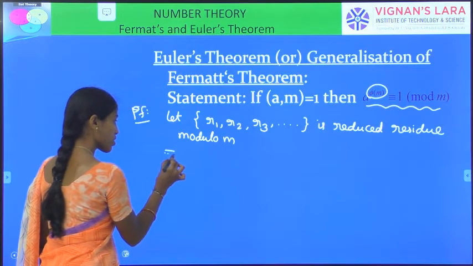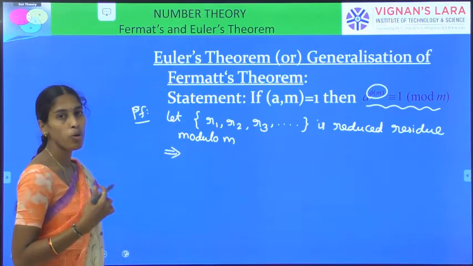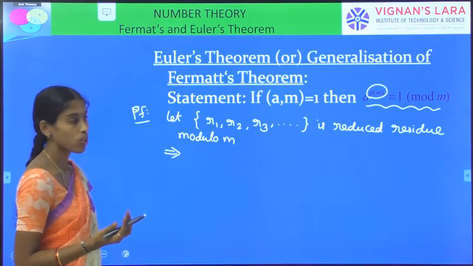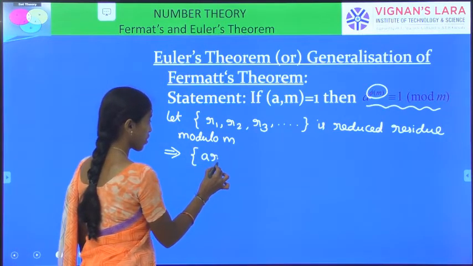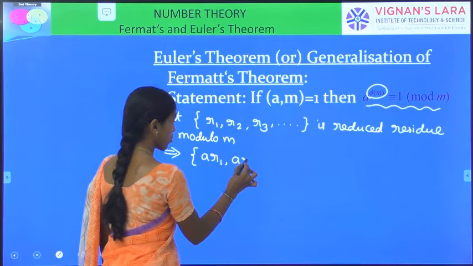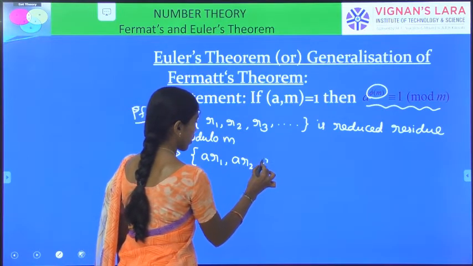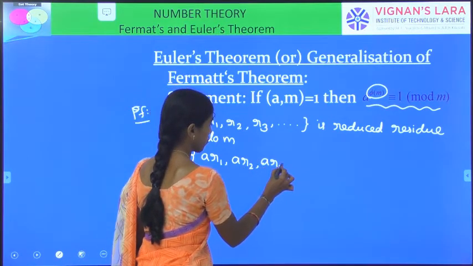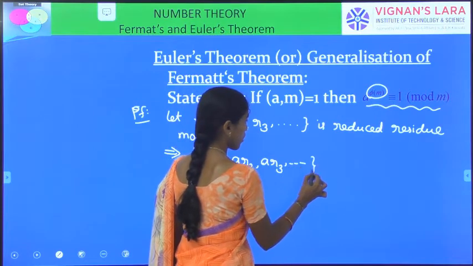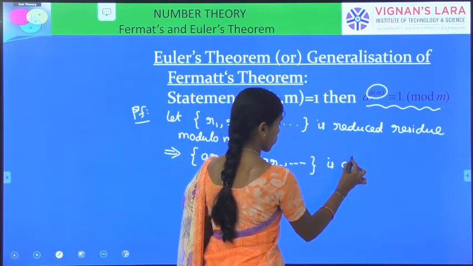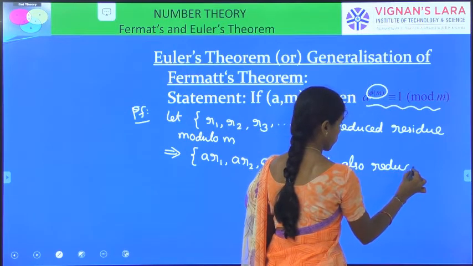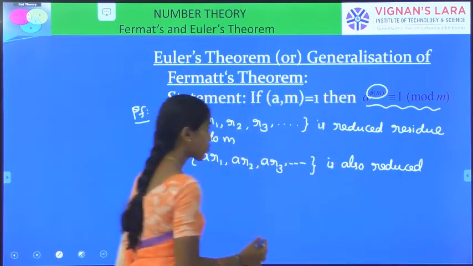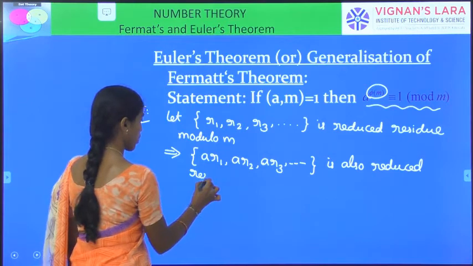From the previous note, the multiples of these Ri's are also a reduced residue system modulo m. That is, aR1, aR2, aR3 and so on is also a reduced residue system modulo m.